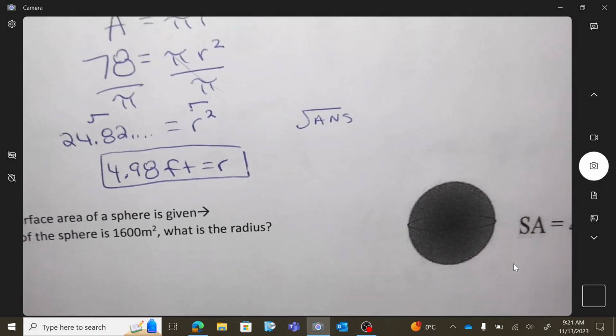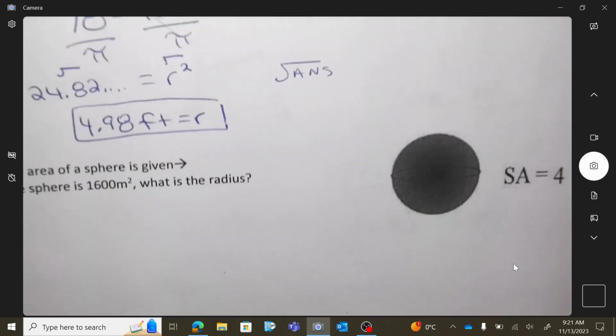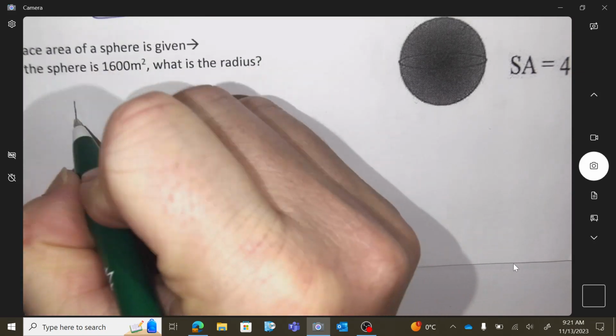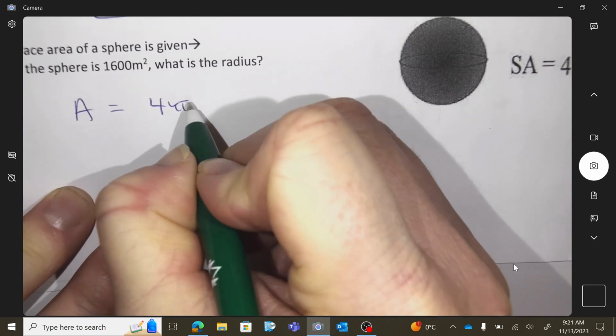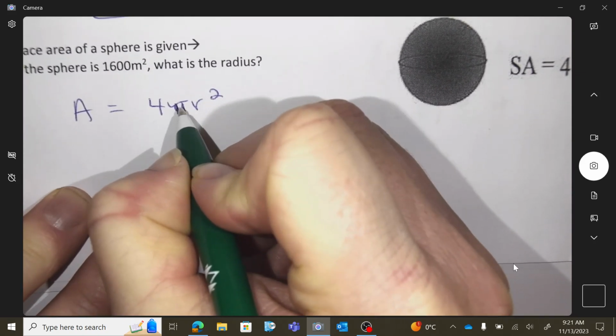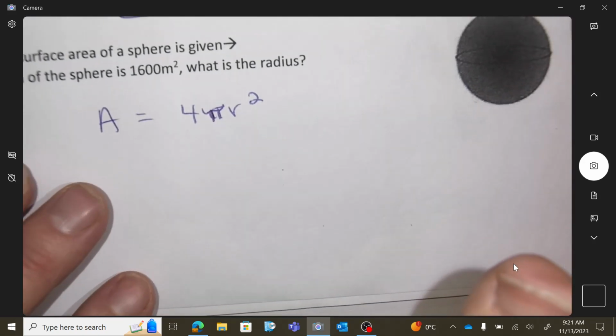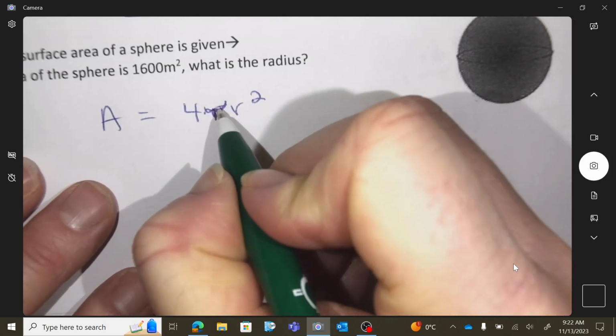Okay, last question. We have a surface area of a sphere. Okay, so the formula was given. A equals 4 pi r squared.